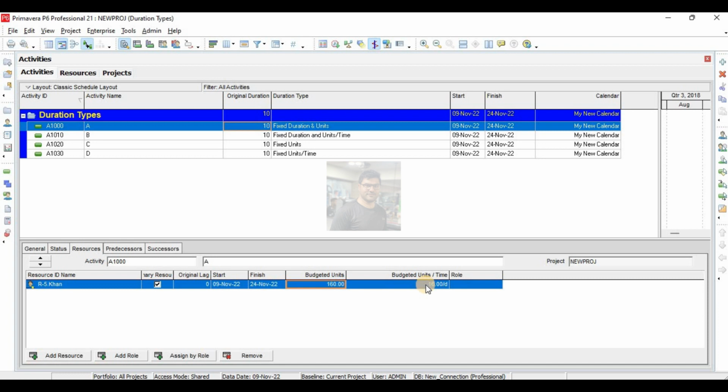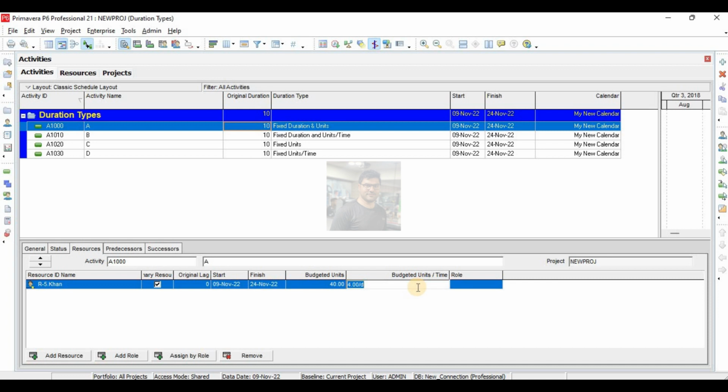But what if you change units per time? The priority is on duration. Here duration is fixed. If I change units per time, let's see what happens. It is working now 8 hours per day. Let's say I make it 4 hours per day. So changing units per time, units will change, not duration.